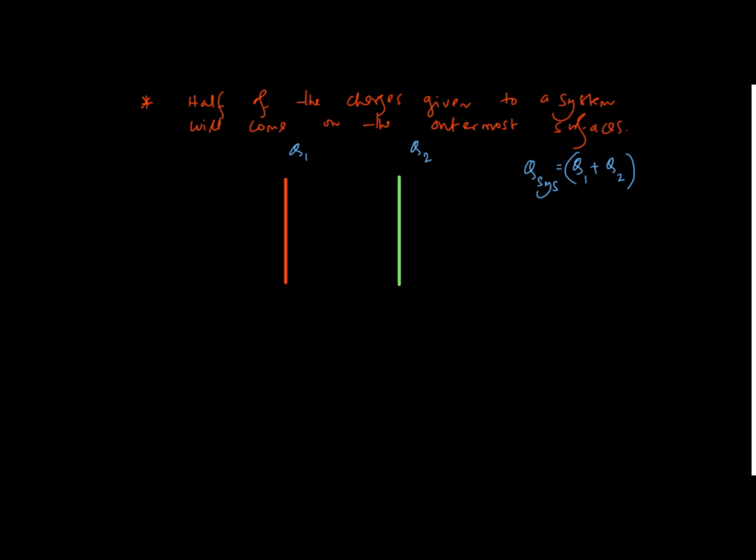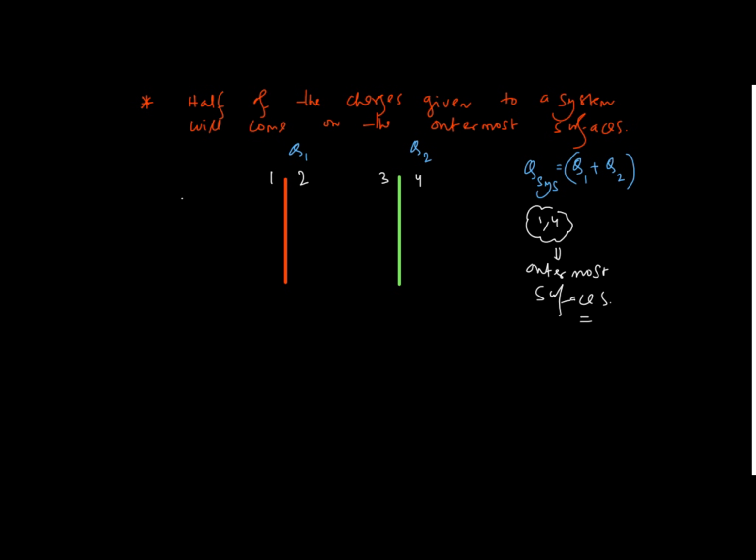So what are the outermost surfaces? If I name the surfaces 1, 2, 3, 4, then 1 and 4 here are the outermost surfaces. How do you identify the outermost surfaces? The surfaces which are not facing another surface. Here in this direction, 1 is not facing any surface.